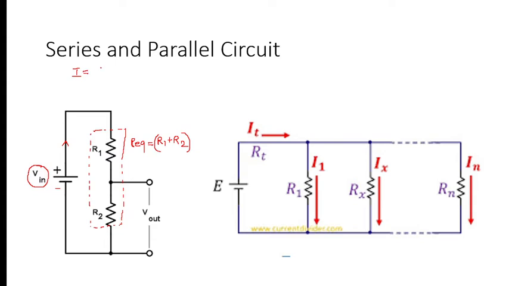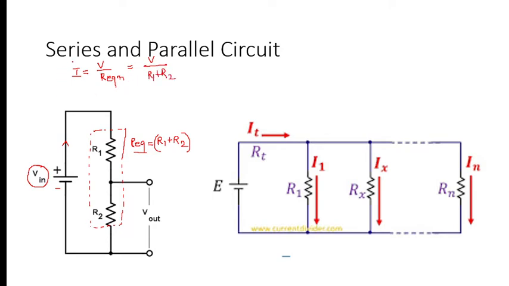What is the total resistance? That is the equivalent resistance. So the amount of current that will flow in this circuit is V by R equivalent, that means V by R1 plus R2.